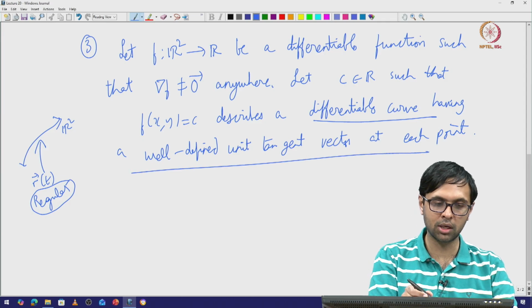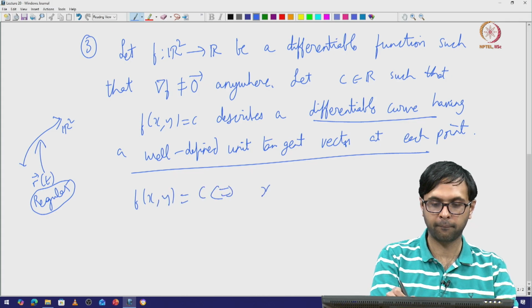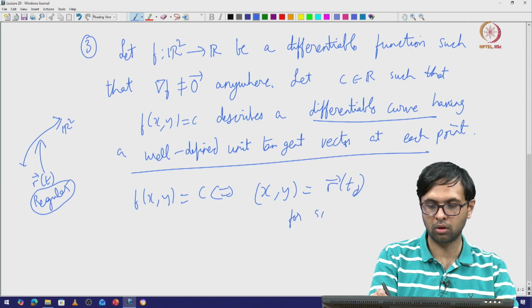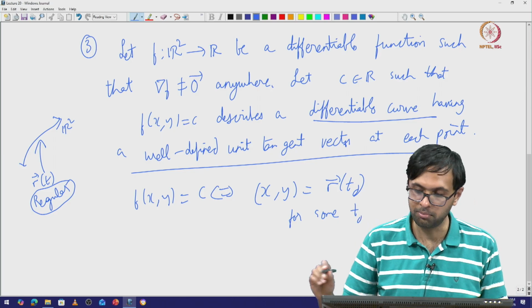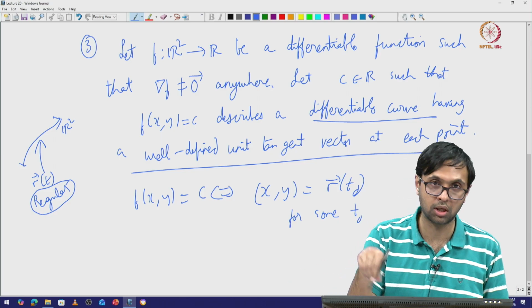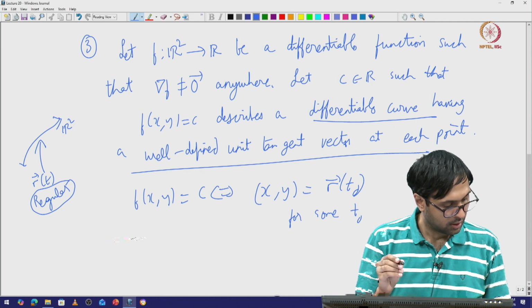So in other words, this is what we mean by this set of hypotheses. Right.